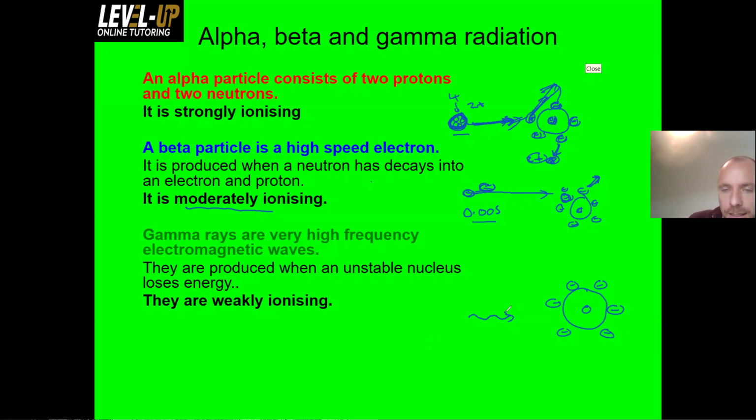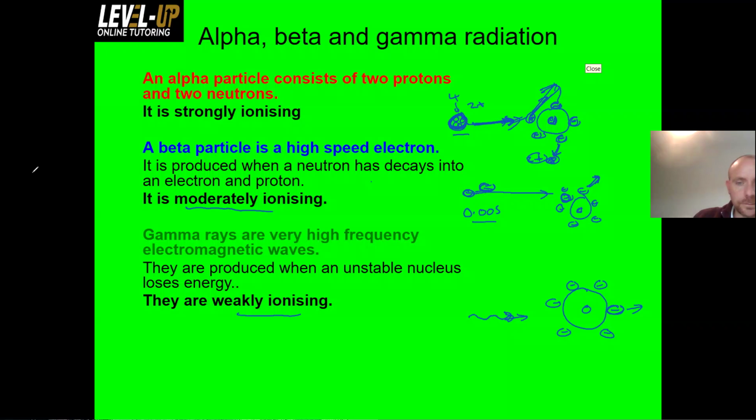It's got lots of energy, but no mass and no charge. So because of its energy, if it hits exactly bang on, it can knock an electron out, but with no mass and no charge, it's not going to have the same force, and it's not going to have the same attractive or repulsive powers as either alpha or beta, and therefore it's going to be weakly ionizing.